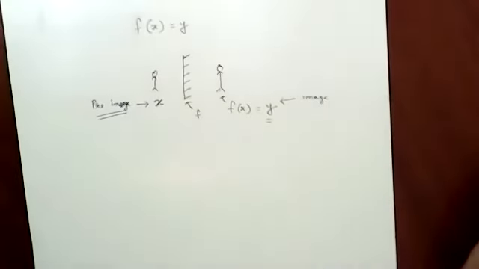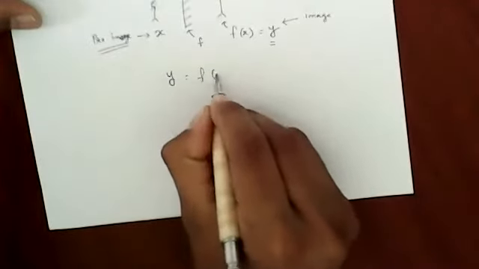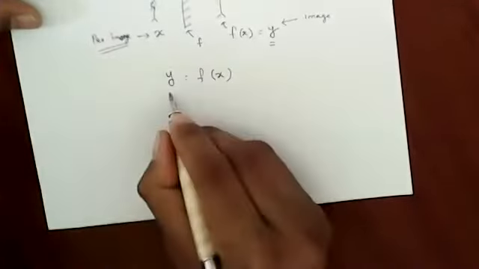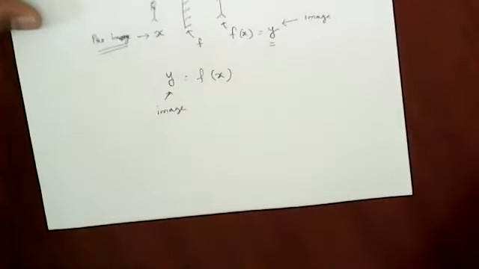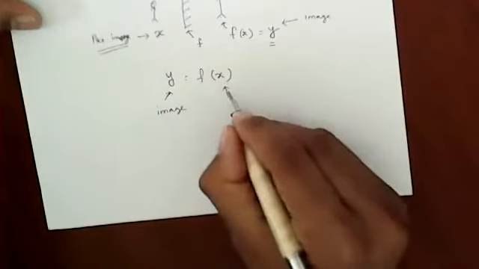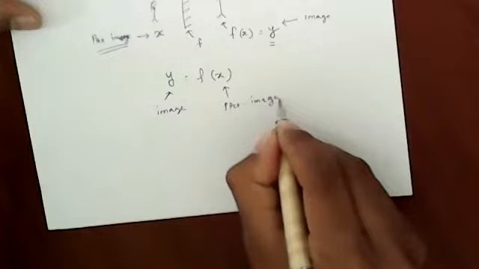These are the terms we use in mathematics also. When we write Y is equal to F of X, in that case this Y is called the image, and this X is called the preimage.